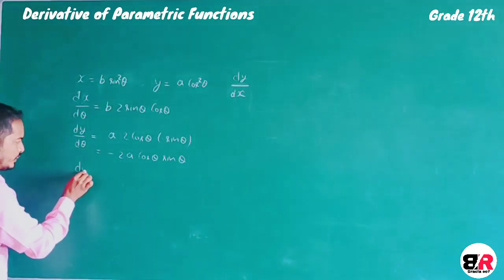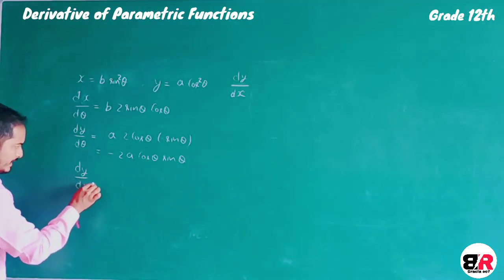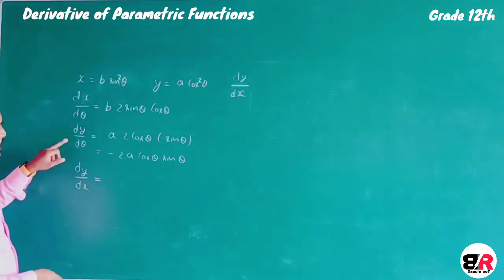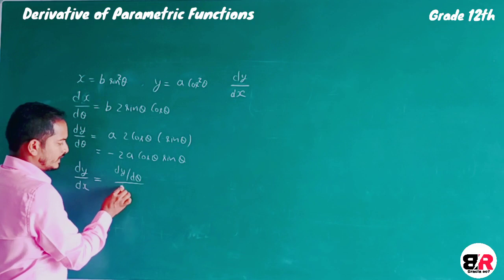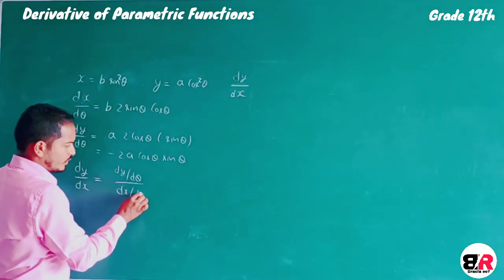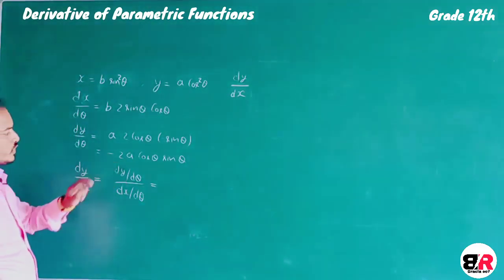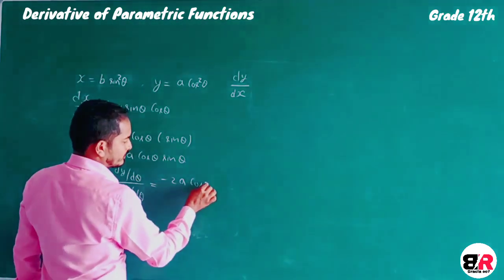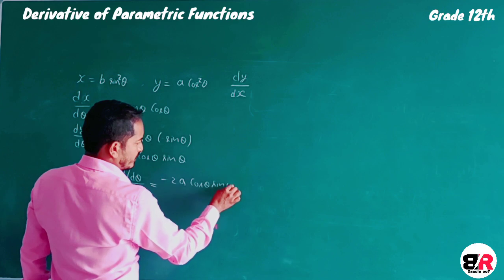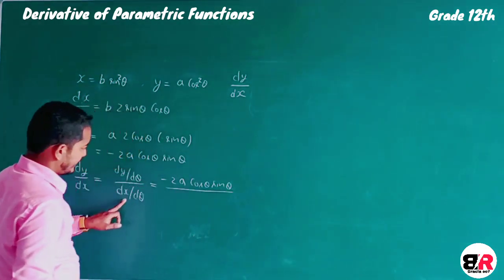Now ultimately we need to find the derivative dy by dx, that is dy by d theta upon dx by d theta. What is dy by d theta? It is minus of 2a cos theta sin theta, upon what is dx by d theta?